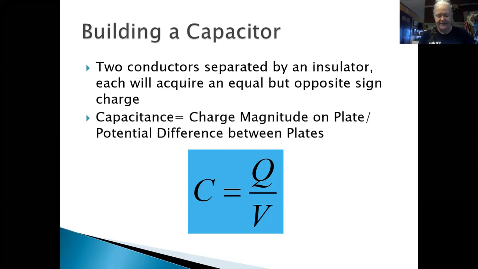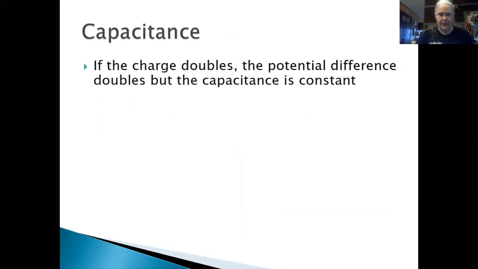So the total capacitance of a capacitor is just the total charge on that plate divided by the voltage across, or the potential difference, which is the same thing, between the plates. It's the charge per volt, and we call that capacitance. The unit of capacitance is a farad, which is a huge amount of capacitance.